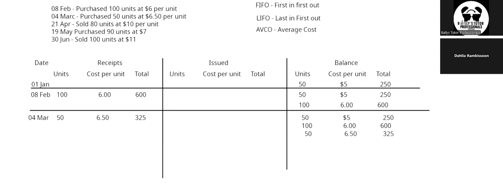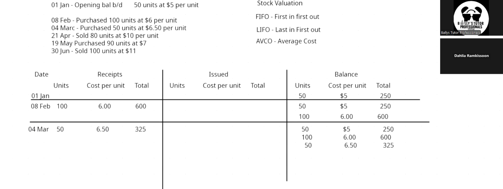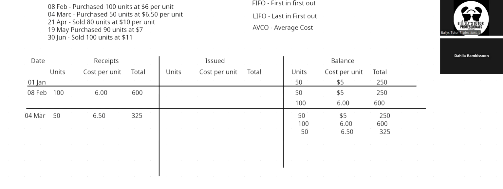April, I sold 80 units at $10 per unit. That $10 is the selling price, how much I sold the units for. As of right now, I don't care about the selling price. I just want to know the value of the goods that I have in stock now.